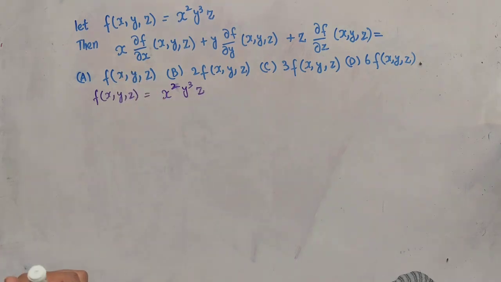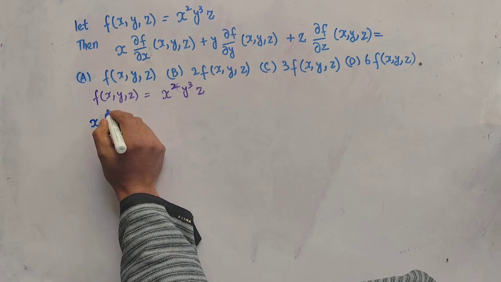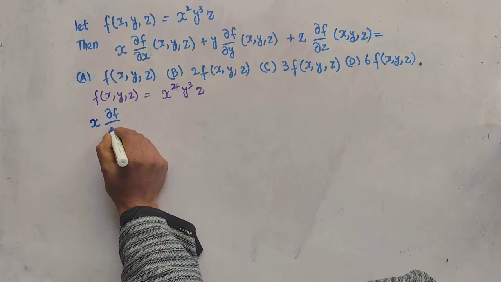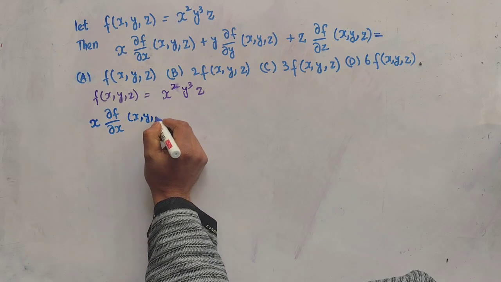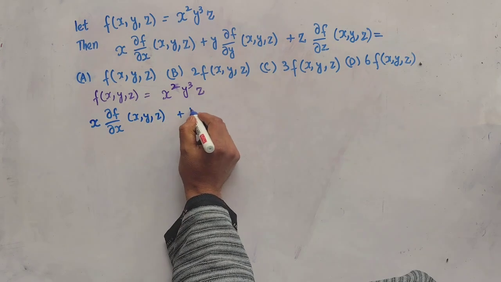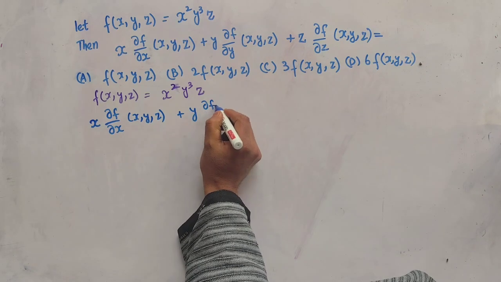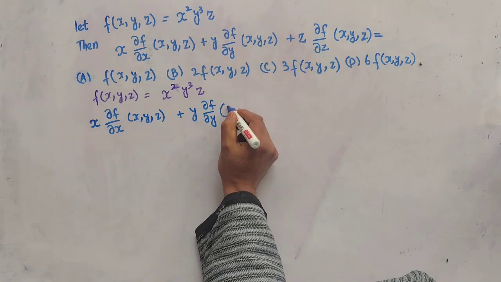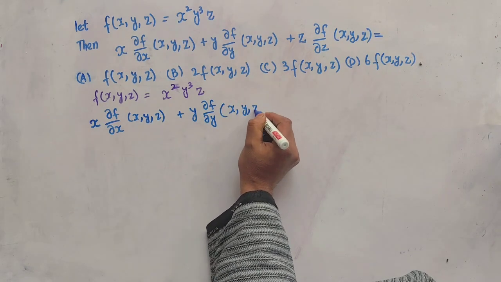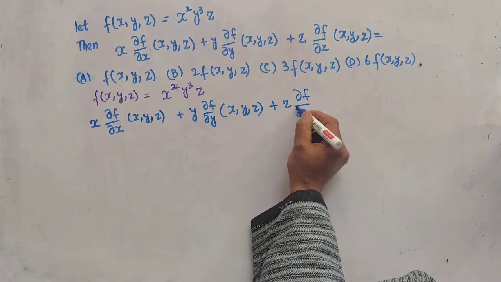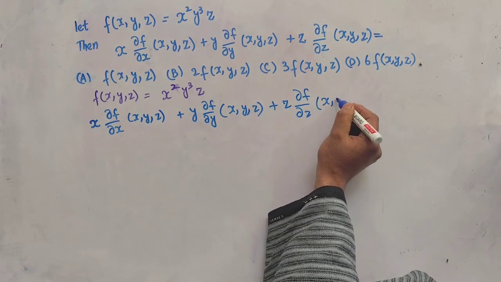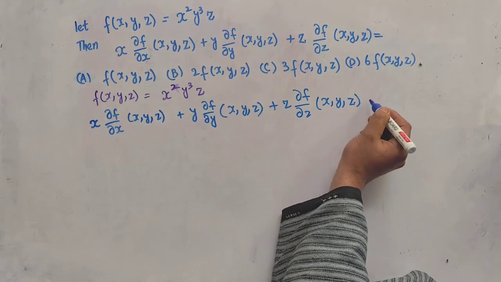Okay, and we are supposed to find x times del f upon del x of x comma y comma z, plus y times del f upon del y of x comma y comma z, plus z times del f upon del z of x comma y comma z, which should be equal to what.